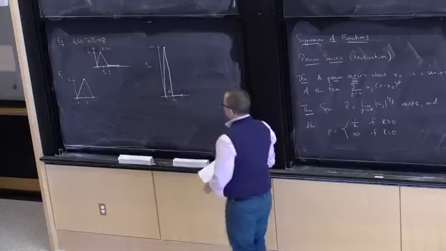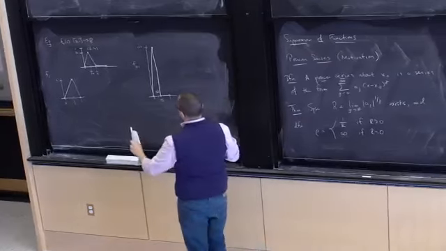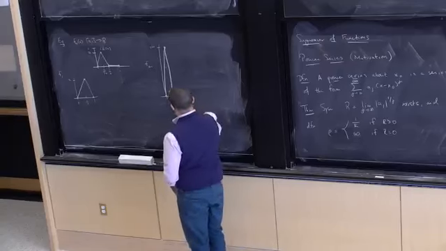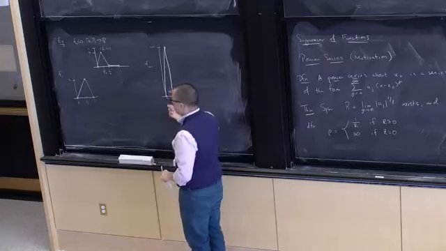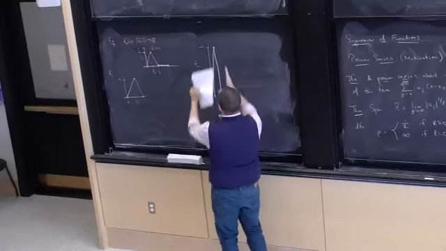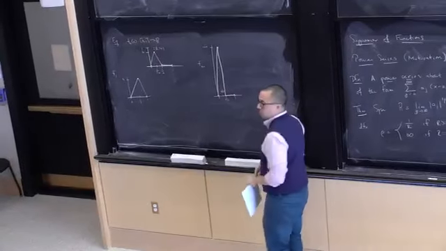It's 0 from 1/100 up to 1. So it's 0 most of the time, and it's 0 at the origin. But in this in-between region, it's very tall and very slim. Okay?